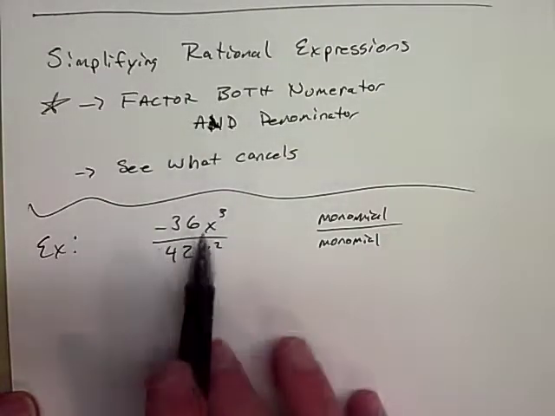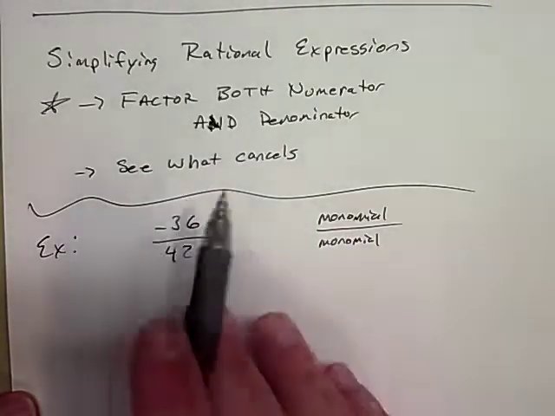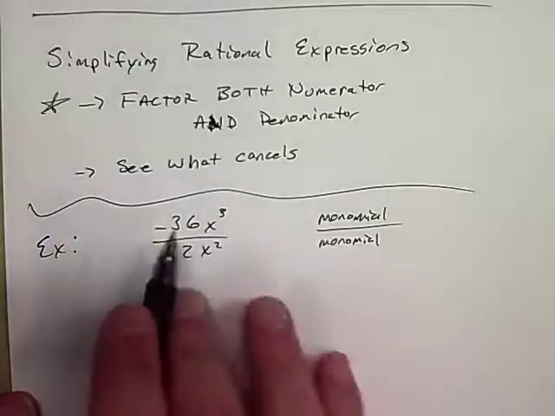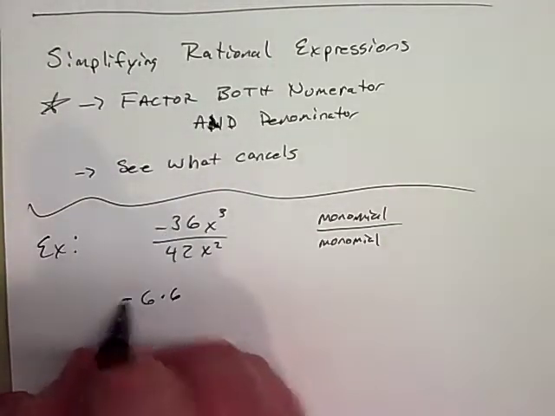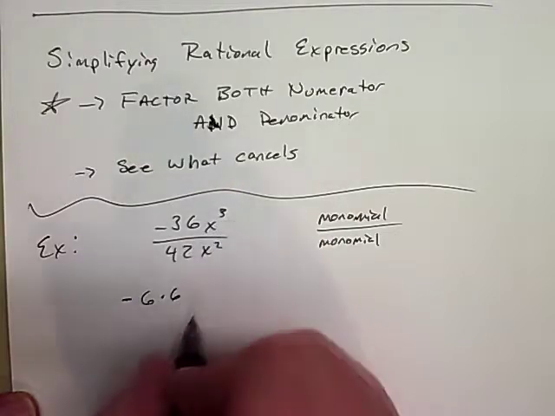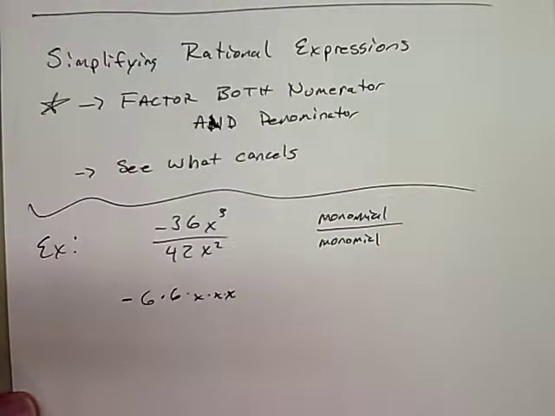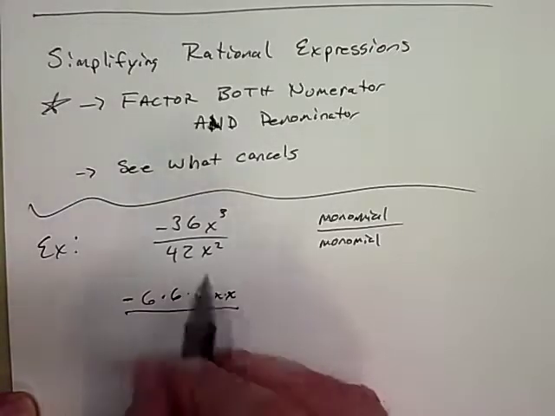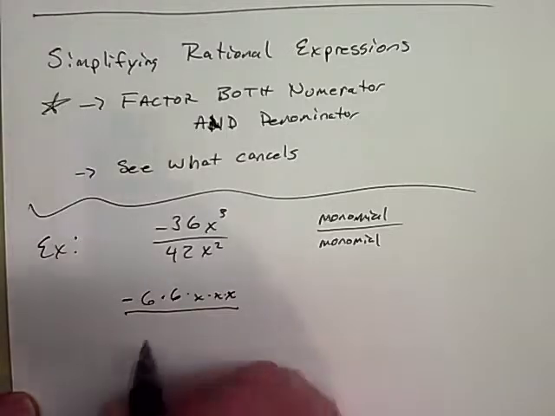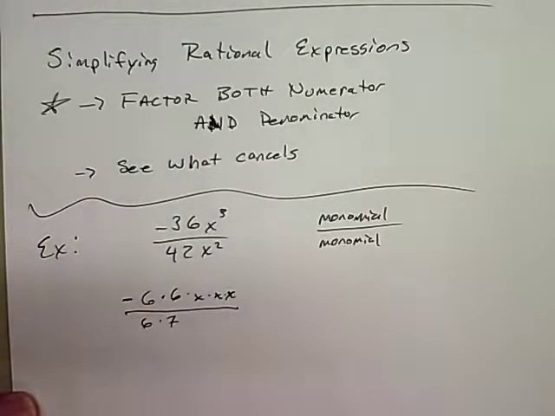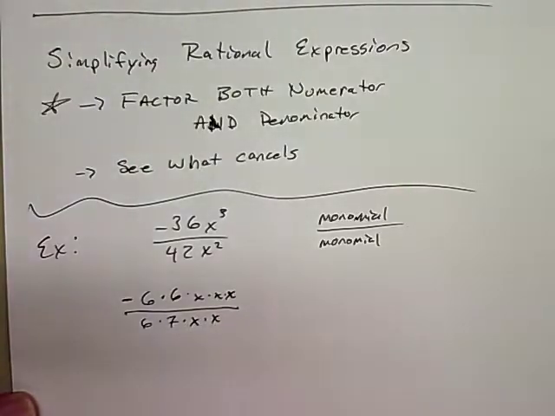Sometimes it's good to see it all spread apart, to see how easy this can really be. 36 is 6 times 6, and we have a negative in there, and that's okay. And x to the third is x times x times x. In the denominator, 42 is 6 times 7, and x squared is x times x.